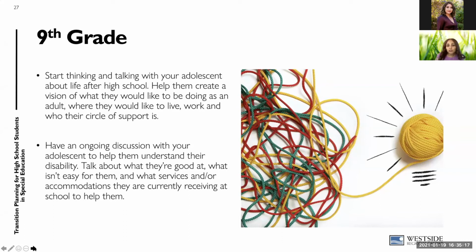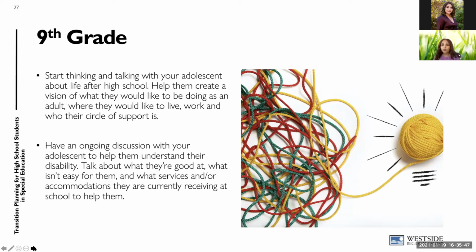We can start by talking with our students about what they would like to see for their lives after they exit high school: things they're interested in, what kind of work they would like to do, and what kind of school they would like to attend. Also, we should encourage and teach our students about their disability and how it affects their learning, their social engagements, and things in their environment.